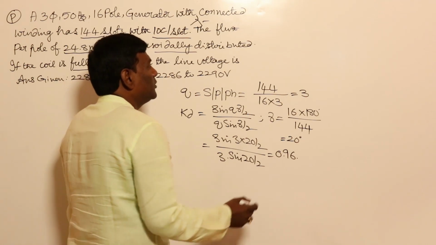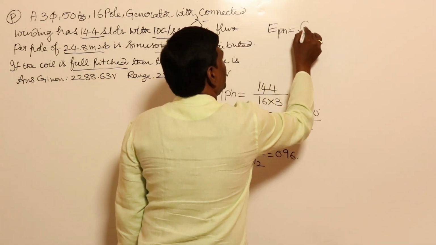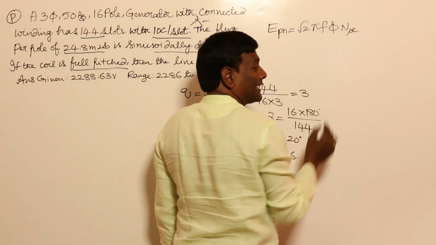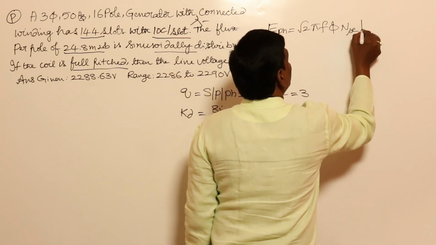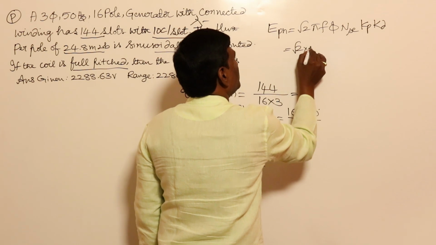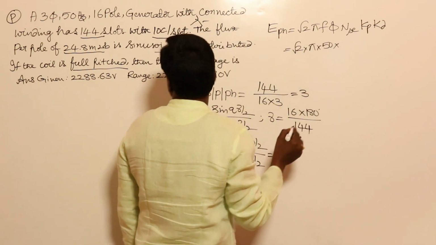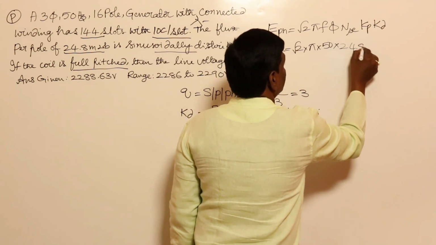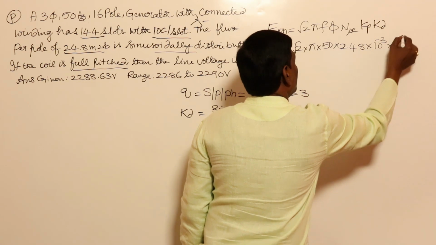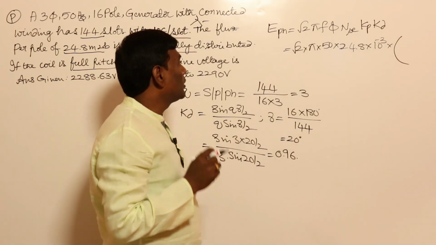Now let us calculate E, the induced voltage per phase, which is root 2 π f Φ times the number of turns connected in series per phase, times Kp Kd. So it is root 2 into π into the frequency 50 they have given, into the operating flux 24.8 milliwebers, into the number of turns per phase. We have to focus.